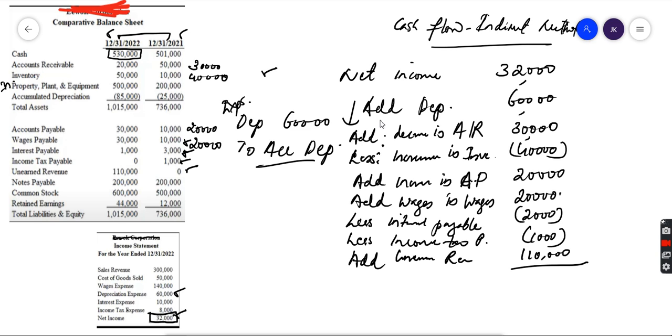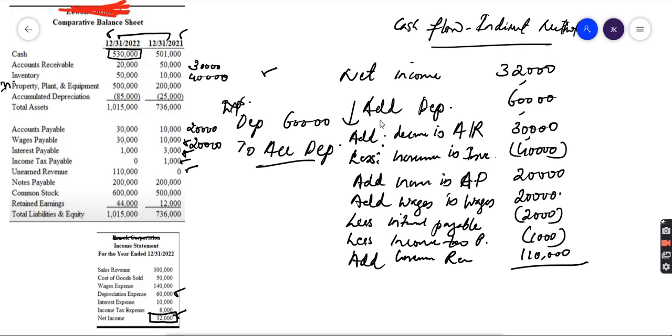Then accounts payable increased by 20,000, so you will increase it back. Wages, another increase, 20,000. And there is a 2,000 decrease, and a 1,000 decrease. And there is an increase of 110,000.